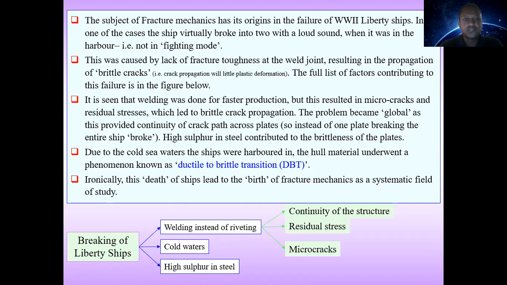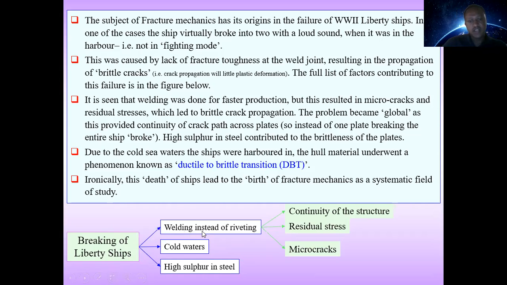That is, not in fighting mode. This was caused by the lack of fracture toughness at the weld joint, resulting in the propagation of brittle cracks. The factors contributing to this failure are as shown in the figure. So the breaking of the Liberty ship is there.